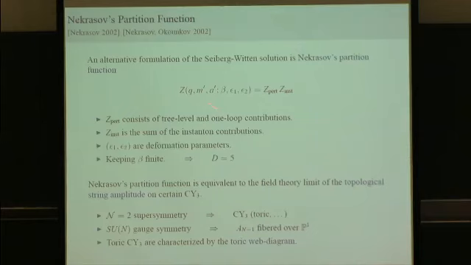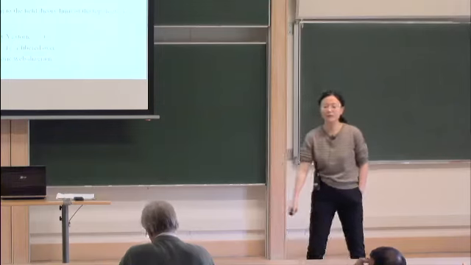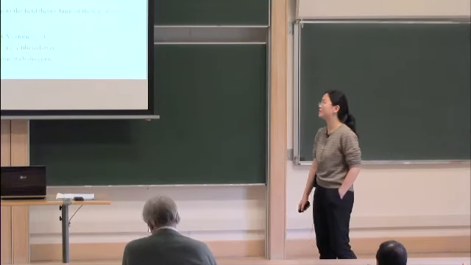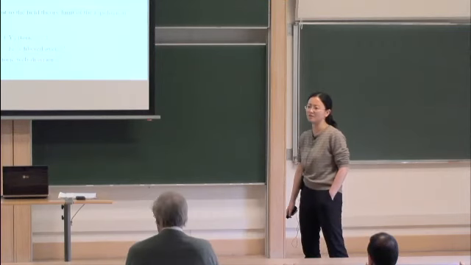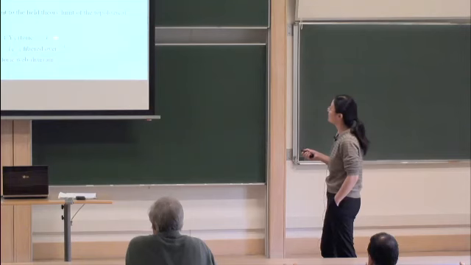So one is called beta, and then you have epsilon 1 and epsilon 2. So epsilon 1 and epsilon 2 are what is called the omega background. And keeping beta finite means that you are actually in a d equals 5 theory. So the Nekrasov partition function is actually 5-dimensional by itself.